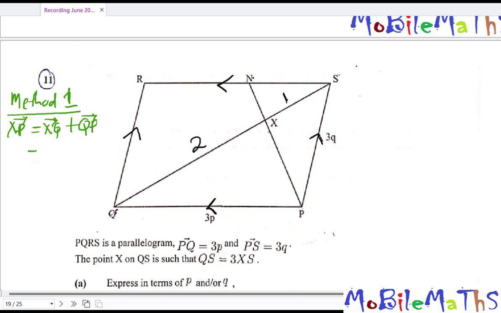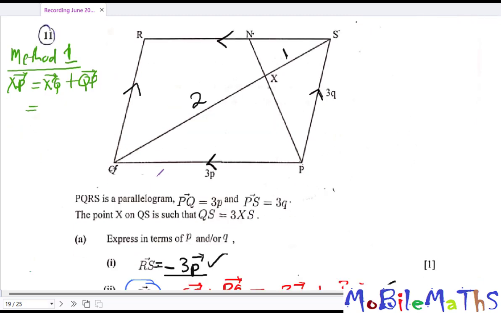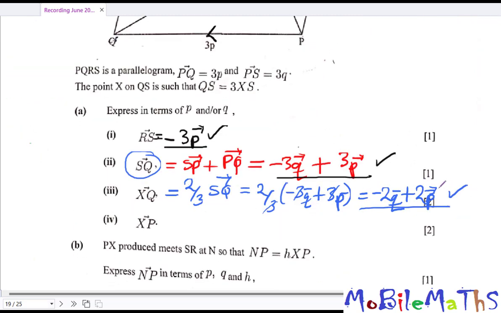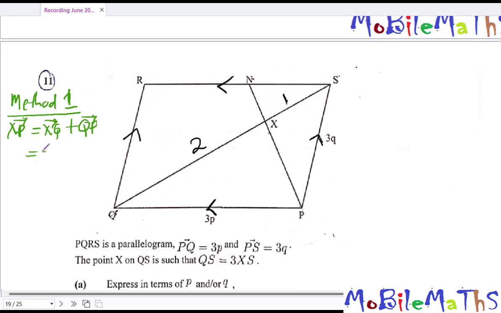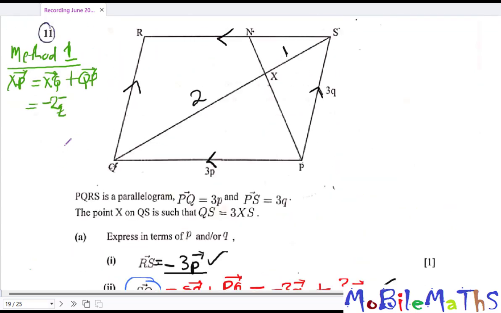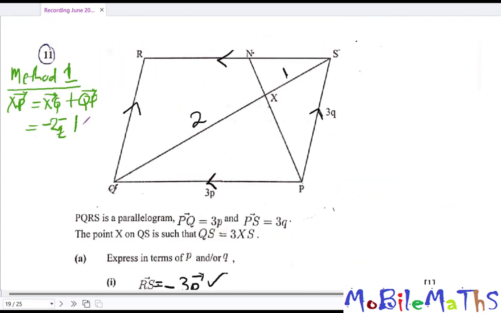So XP is equal to XQ, which I think we calculated, this one. This is our XQ. So we are using that answer, minus 2q, so let's write minus 2q and then plus 2p.